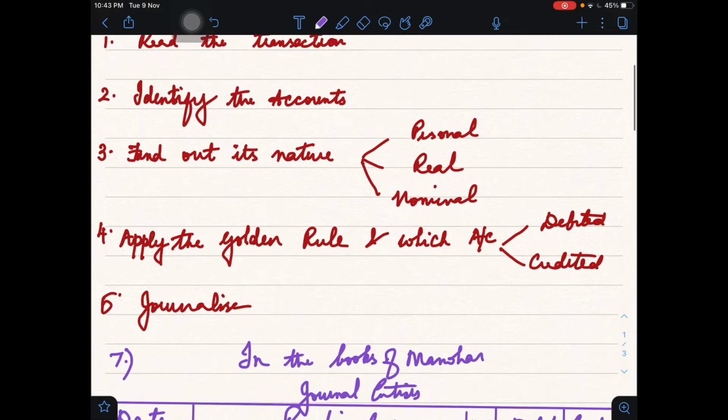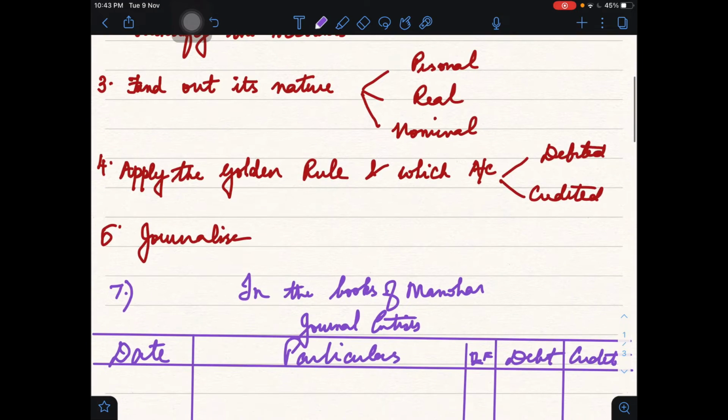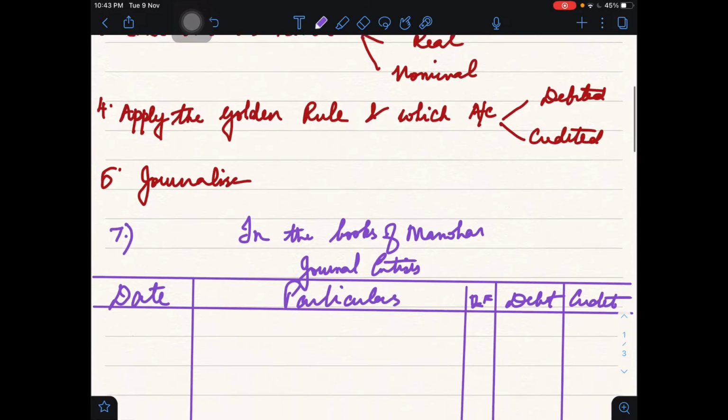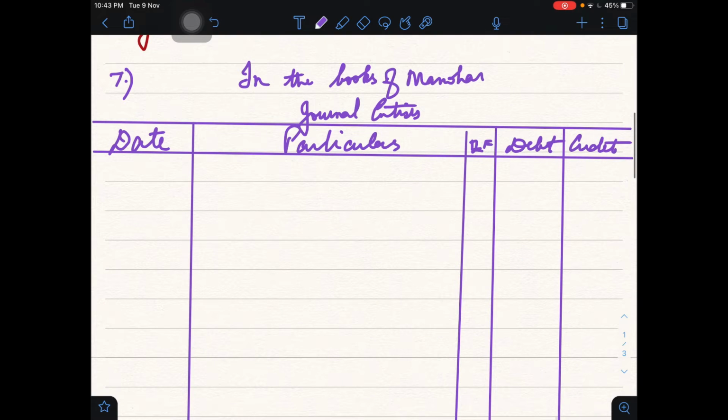So now let us move on to discuss problem number 7. We will open the heading as in the books of Manohar, journal entries. Now you have the format written. Date, where you will write the year, month and the day.